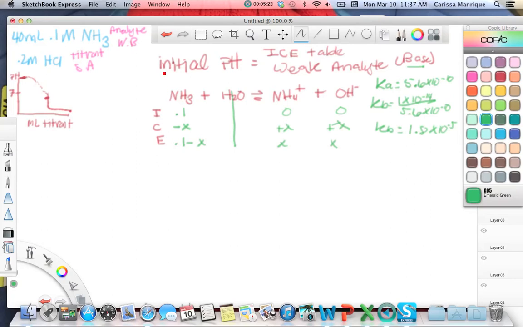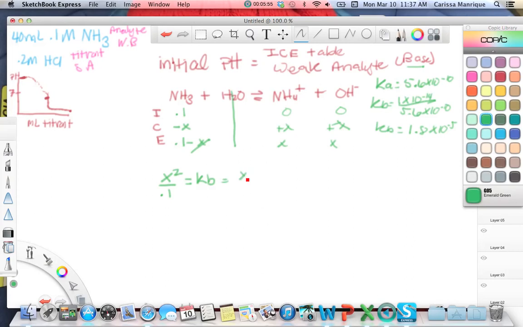Because we're looking at initial pH, and NH3 is our analyte. Now if this would have been a weak acid, then I would have used Ka, but it was a base. So we plug this in, and we can get rid of this minus x. When we plug it in, our products will be x times x. So I'm going to put x squared divided by 0.1, which is our reactant, equals Kb.